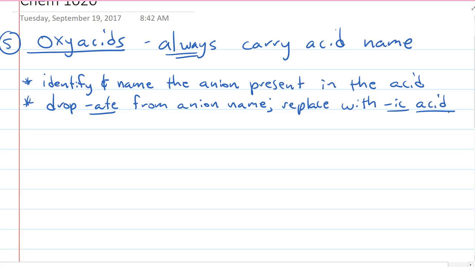Now remember that most of the common ones that we look at for the oxygen-containing ions end with ATE. Sometimes, though, if they have one less oxygen, they'd end with the suffix of ITE. And in the case of ITE, we drop off the ITE suffix from the anion name, and we replace it with the suffix of OUS acid.